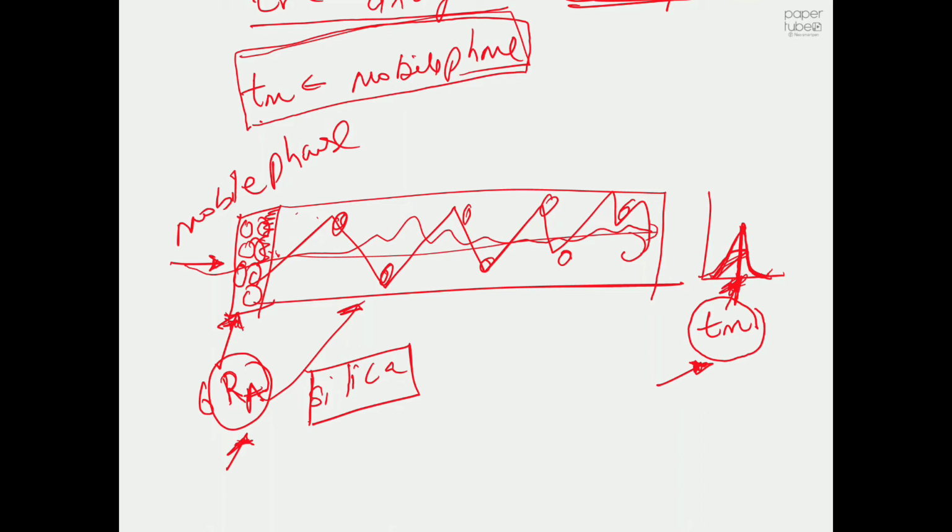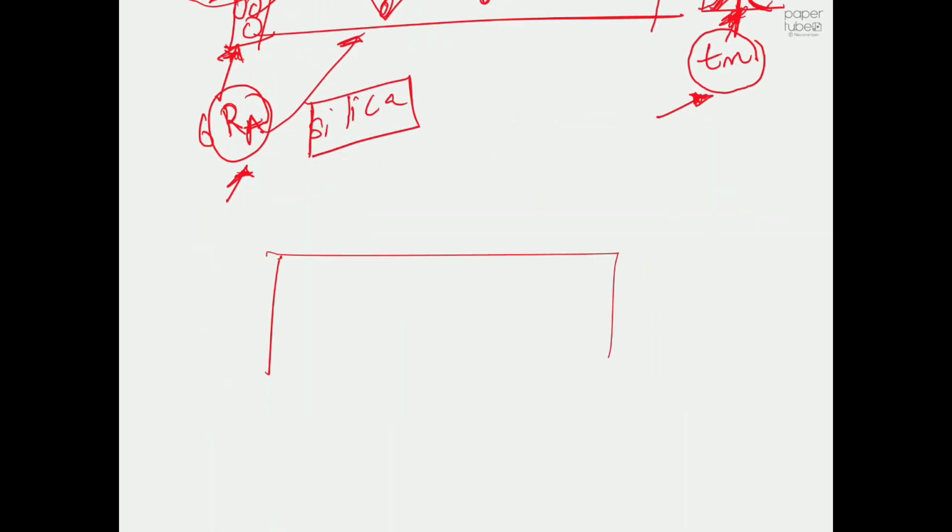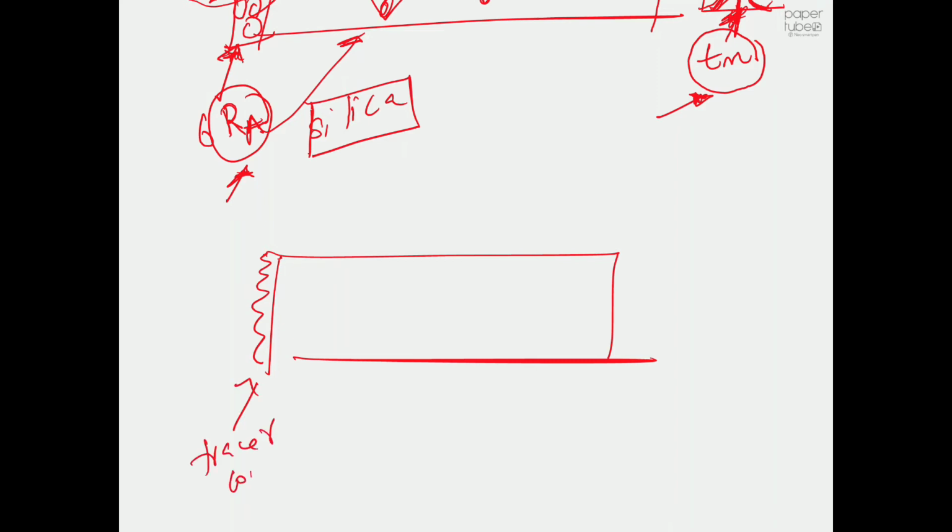So that's how we do it in the lab. Normally we take a column and use some reference molecule. Sometimes we even call it a tracer compound, and then we get the distribution.